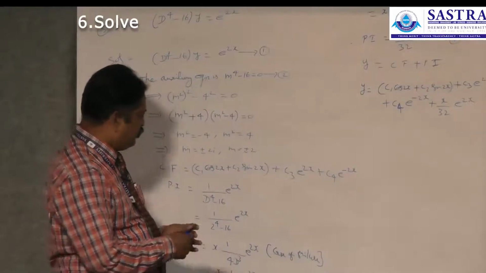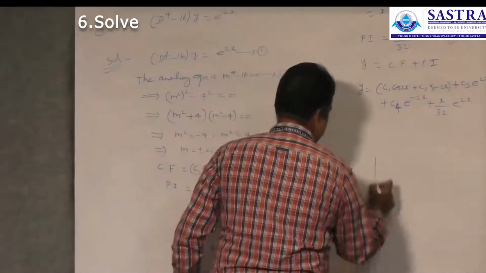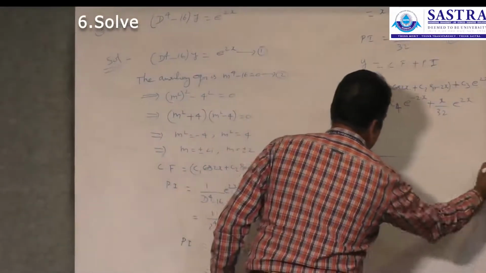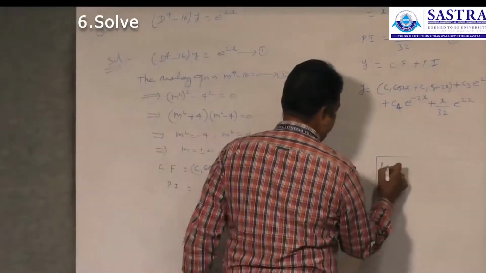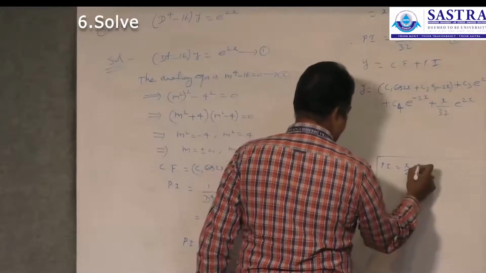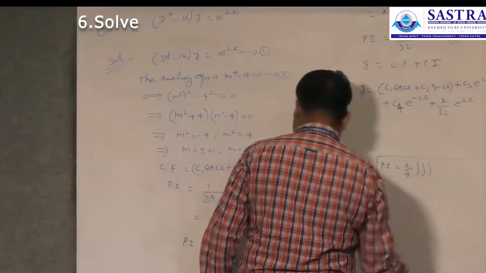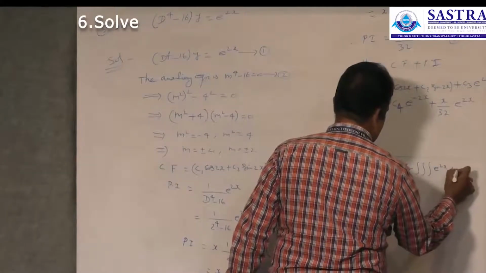So this particular integral can be written as x by 4 integration 3 times e to the power 2x dx.